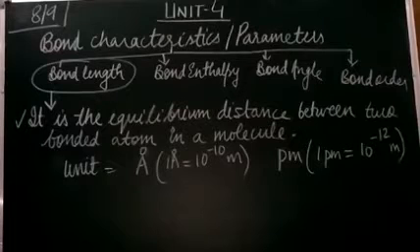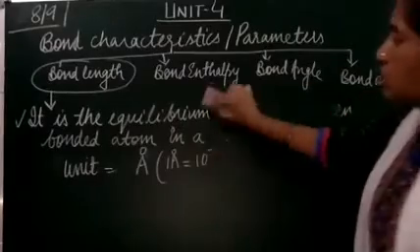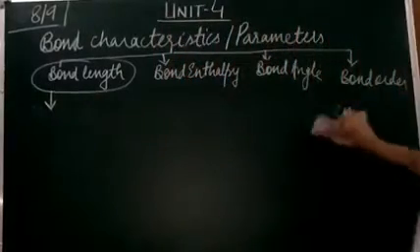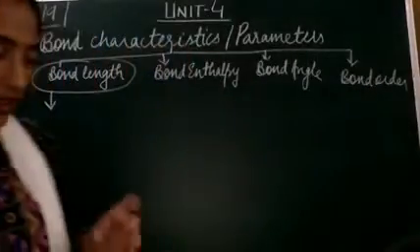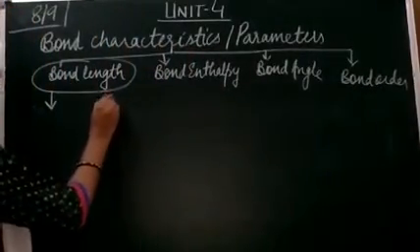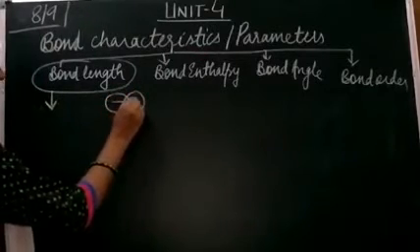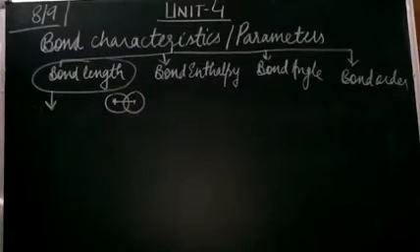Now students, there are certain factors on which a bond length is going to depend. So we will next discuss what are the factors on which a bond length is going to depend. Now students, I think the term bond length is clear: if a covalent bond is formed, this is the center of the nuclei, so this is going to be the bond length, the equilibrium distance between the two nuclei of a bonded atom, right?